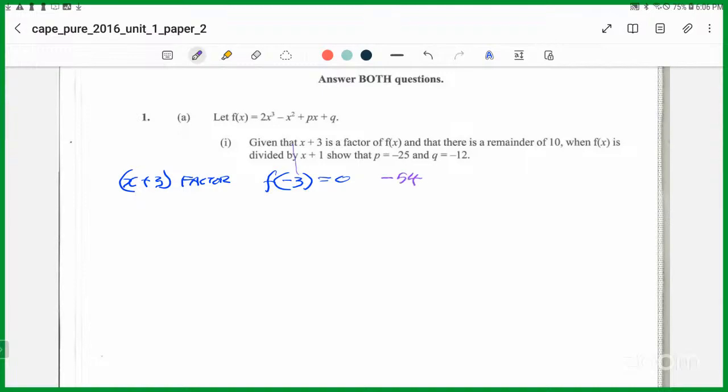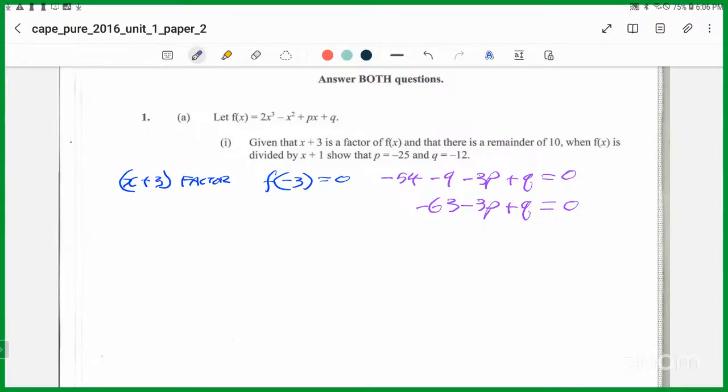Then negative 3 right here is going to become a positive 9. So we just get minus 9 right there. And then negative 3 right here is going to make this become minus 3p. And then this q is just by itself, it's a constant. That's all equal to 0 because f of negative 3 is 0. So this one becomes negative what? 63. So negative 63 minus 3p plus q equals 0.